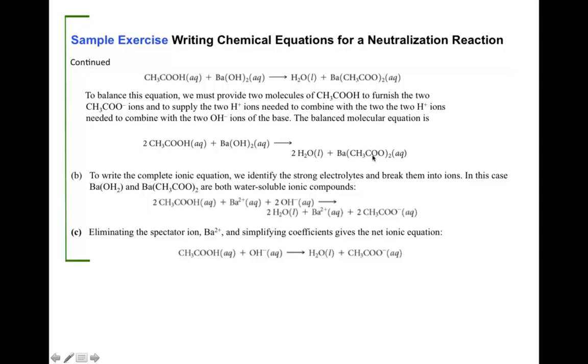So once again, here we have the balanced molecular equation. Then we need to establish the complete ionic equation by doing the dissociation of the ionic compounds. And in this case, it is barium hydroxide. We have 2 hydroxides here, and the barium acetate, so barium and also the acetate, we have 2. And then we cancel the spectator ions, which in this case is just barium.